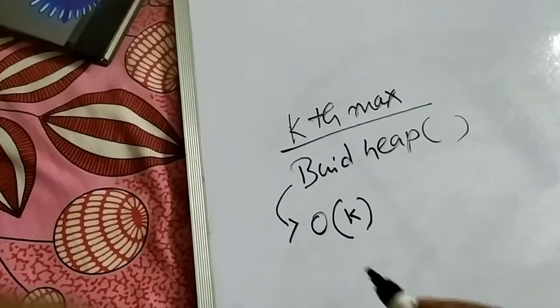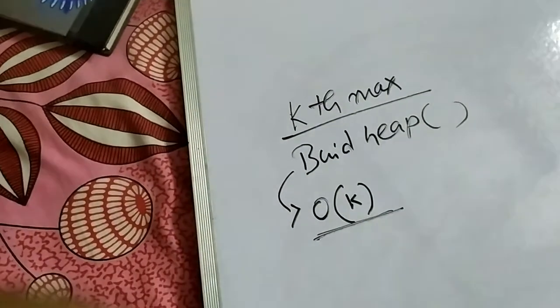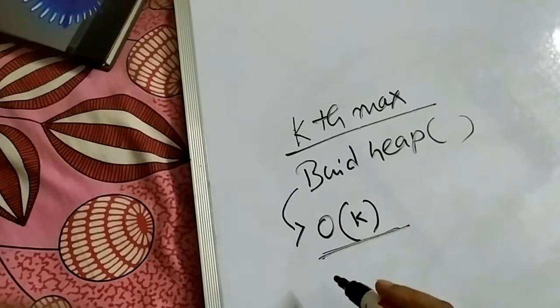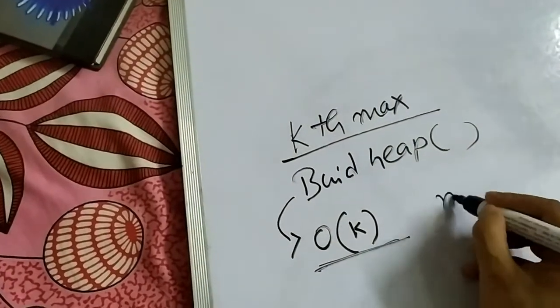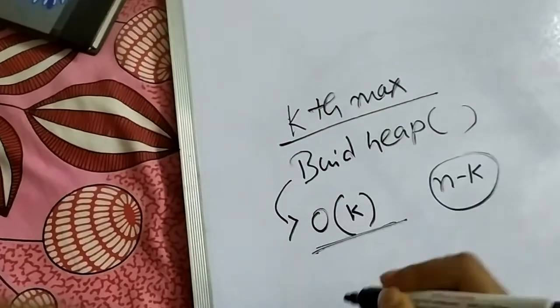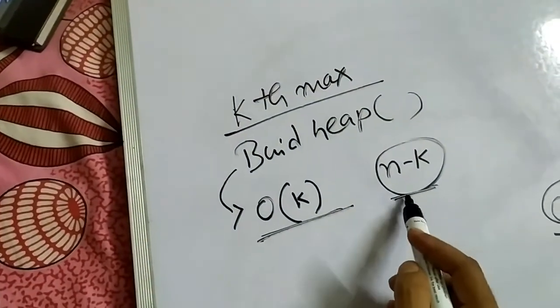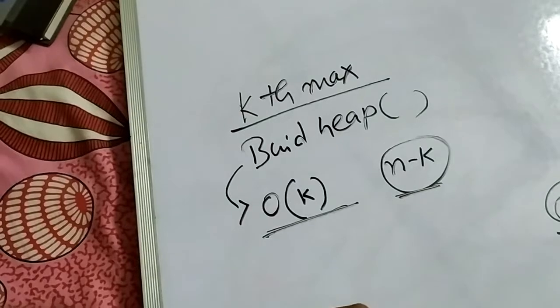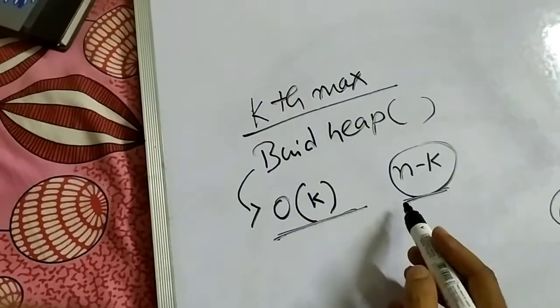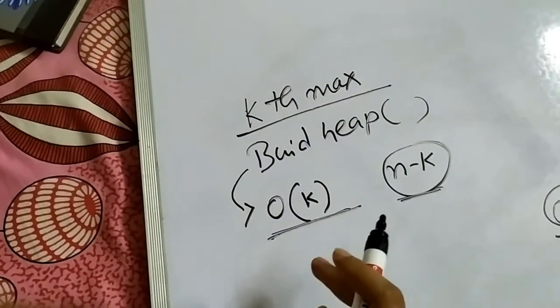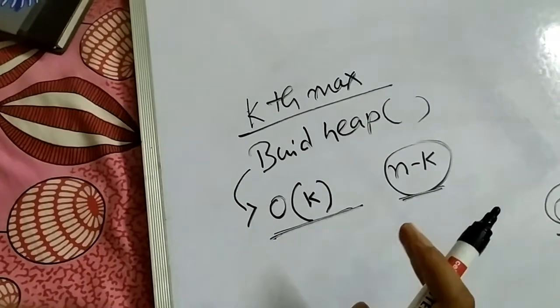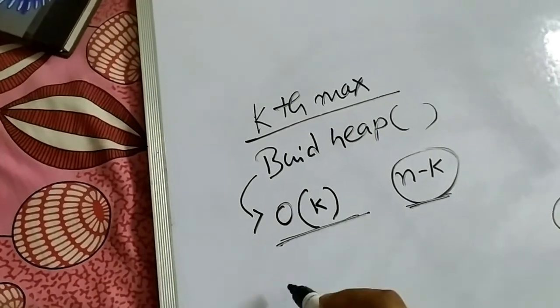We still have n minus k elements, and for each of these elements we compare it with the root element of our heap.